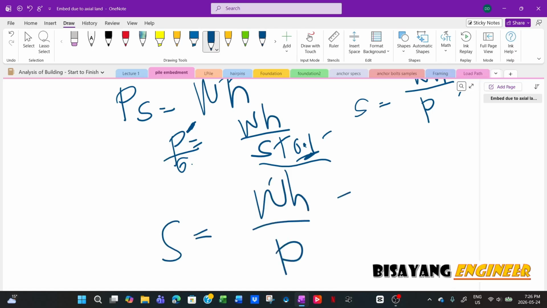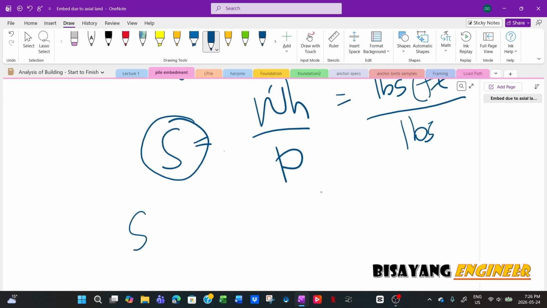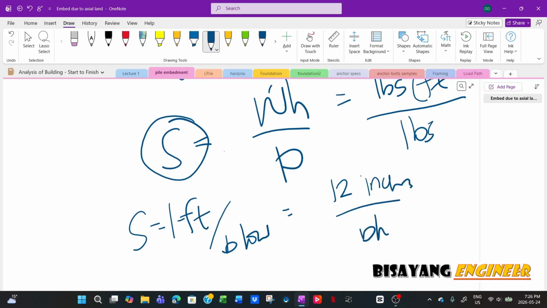Now, W is in pounds or kilonewton, and then the height is in feet, right? And then your P is in pounds. Therefore, your unit for S is feet per blow. So the unit of S is feet per blow, or you multiply it by 12, so that would be inches. Say if this is 1, for the sake of discussion, that's one foot per blow, or 12 inches per blow.